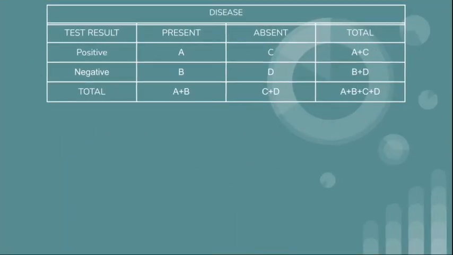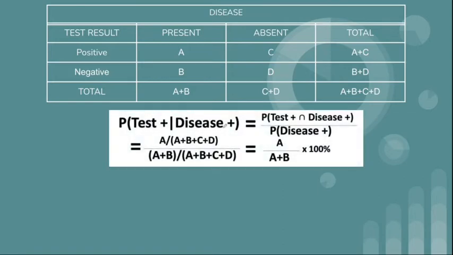In general, if you have a 2 by 2 table with these values, say A, B, C, and D, how are you going to get the probability of a test which is positive given that the disease is present? Our numerator will be A over the total, then over the probability of the disease, A plus B over the total.